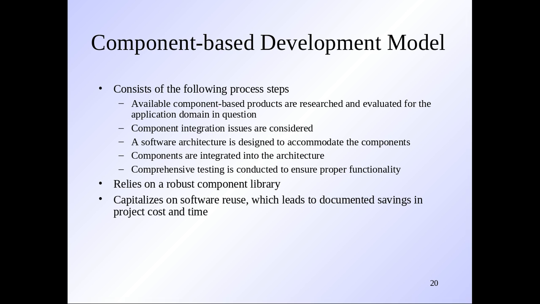Now, some specialized process models, like the component based process model. The component based process model consists of the following stages: available component based products are researched and evaluated for the application domain, component integration issues are considered, the software architecture is designed to accommodate the components, and the components are integrated into the architecture.